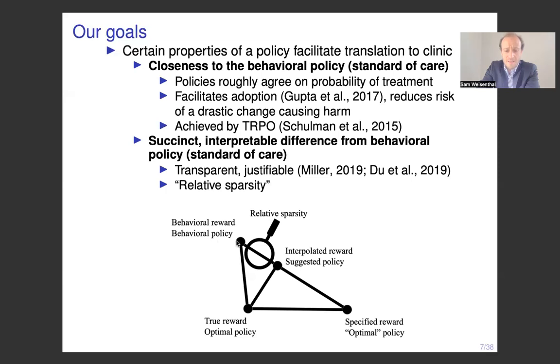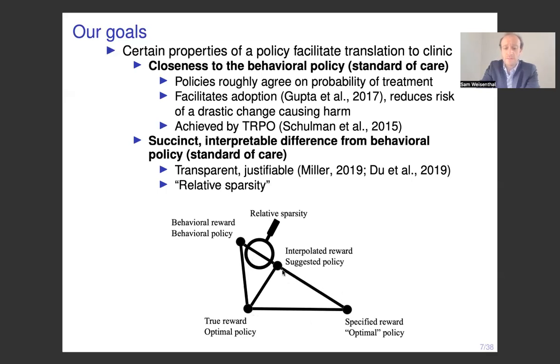So we can nudge in certain directions. We can say that we want to increase the final blood pressure, but we don't commit fully to a specified reward that might be overly simplistic and might take us further from the true reward than the behavioral policy already was. This is the idea behind closeness to behavior.